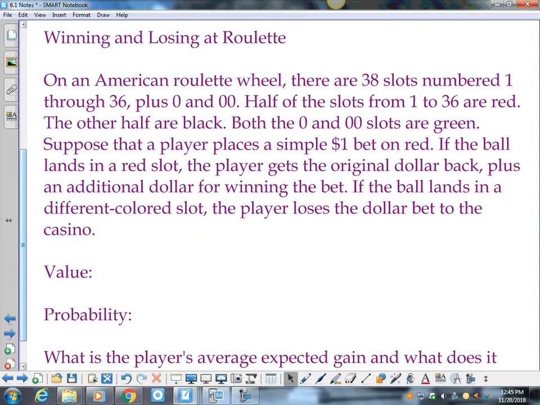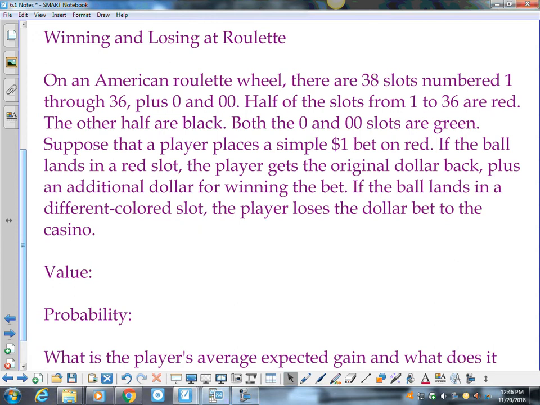Suppose that a player places a simple $1 bet on red. If the ball lands in a red slot, the player gets the original dollar back plus an additional dollar for winning the bet. If the ball lands in a different colored slot, the player loses the dollar.